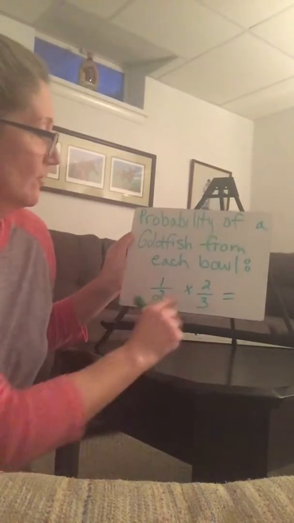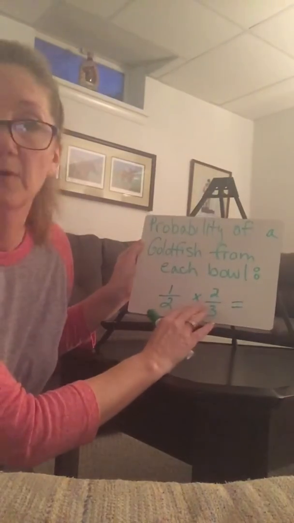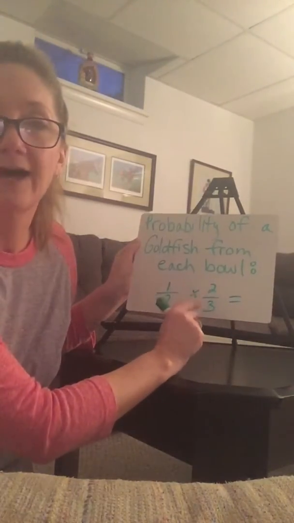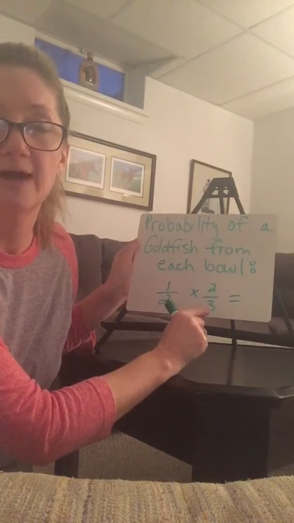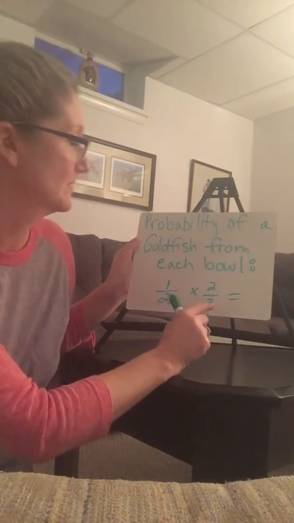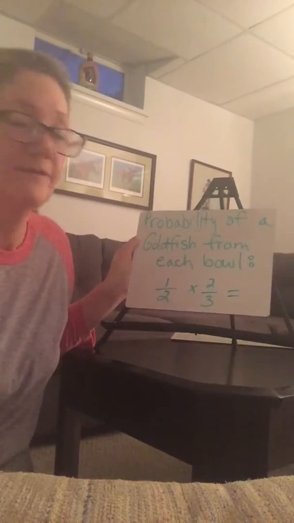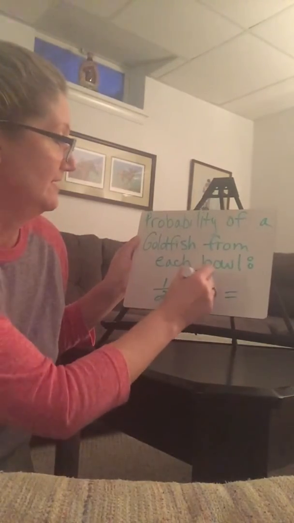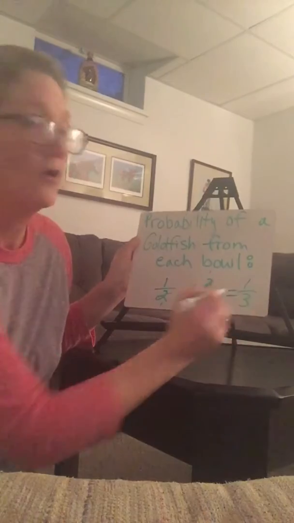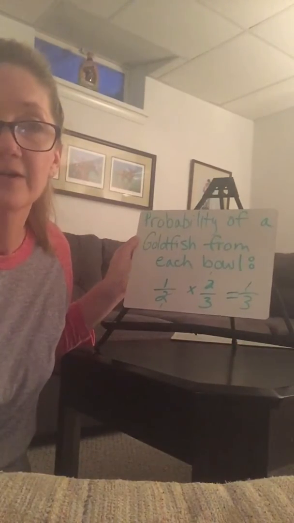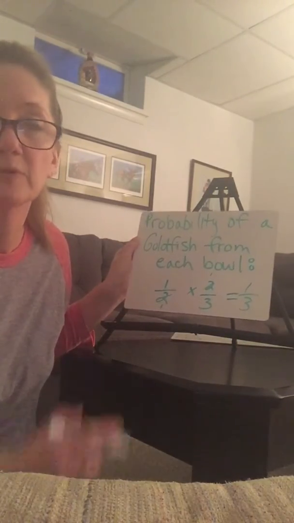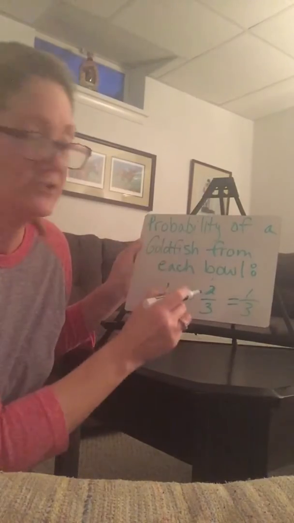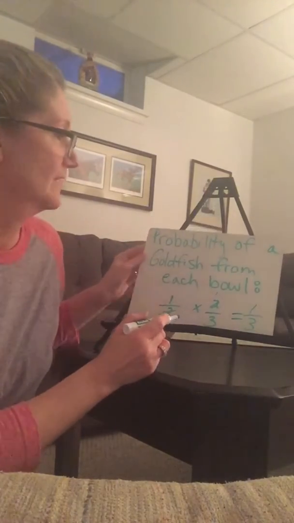In the second fish bowl, there was a 2 out of 3 chance to pull out a goldfish. So you were going to multiply 1/2 and 2/3, and you can reduce here and here if you want. The answer was 1/3. So you had a 1 out of 3 chance of actually pulling a goldfish from each fishbowl.